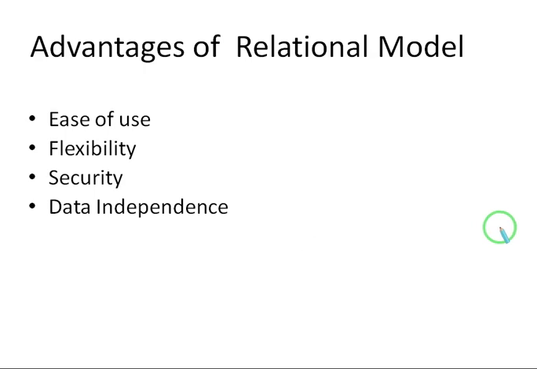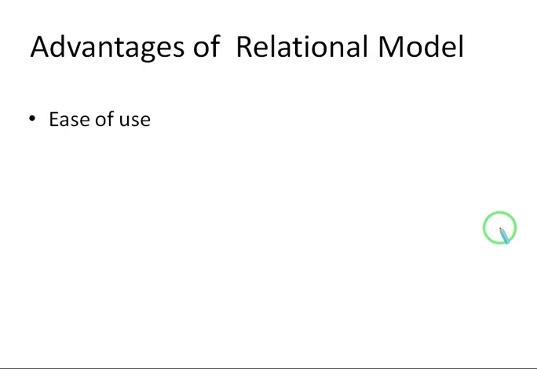Now we are moving to the advantages of the relational data model. The first point is ease of use. The system which is managed in the form of tables consisting of rows and columns is much easier to understand, right? Next is flexibility.